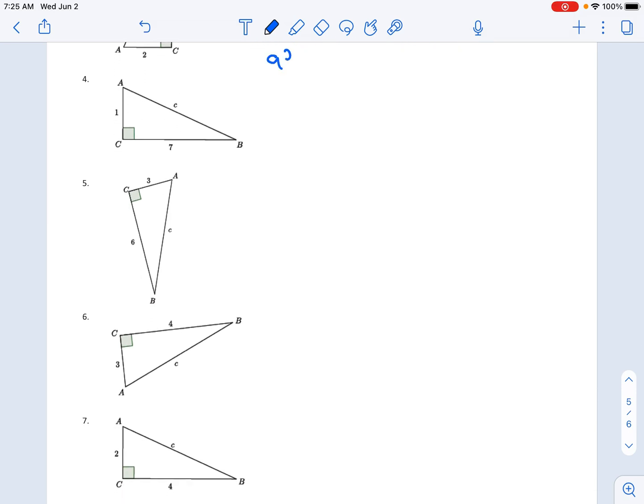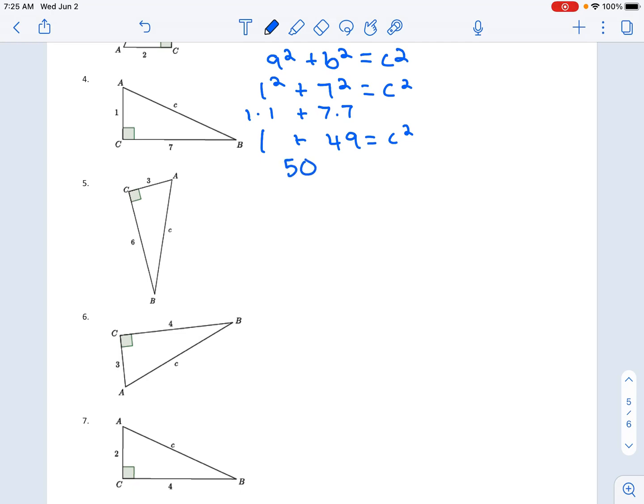Remember formula, a squared plus b squared equals c squared. Straight lines, 1, 7. 1 times 1, 7 times 7. 1 times 1 is 1, plus 7 times 7 is 49. 49 and 1 make 50.